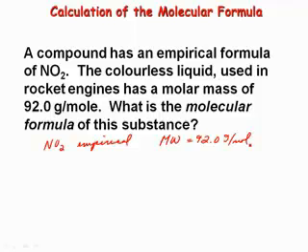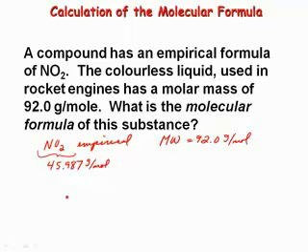And so what we're going to do is look at the molar mass of the empirical. So the molar mass of NO2, with 1 nitrogen and 2 oxygens, is about 45.987 grams per mole. Again, what I want to know is how much bigger the molecular is than this empirical.